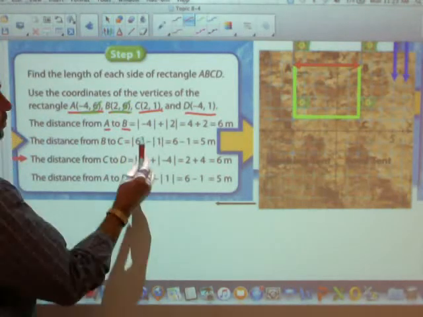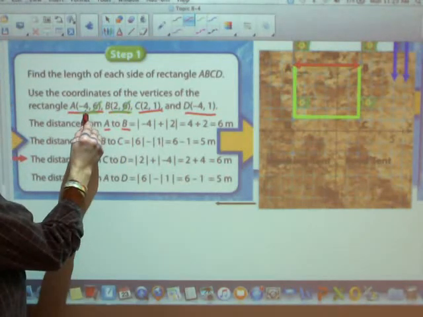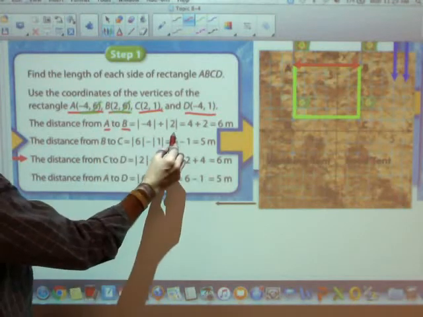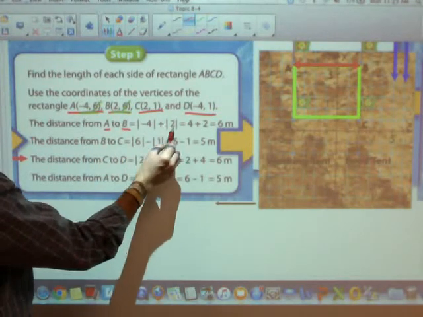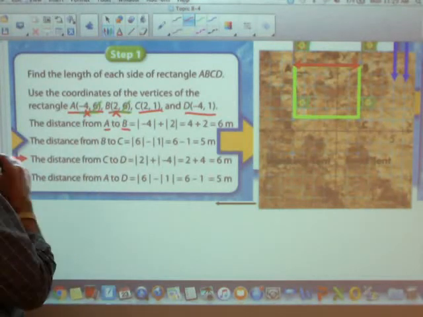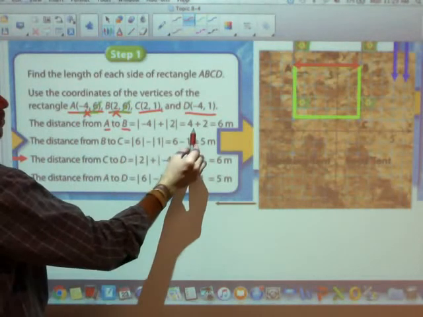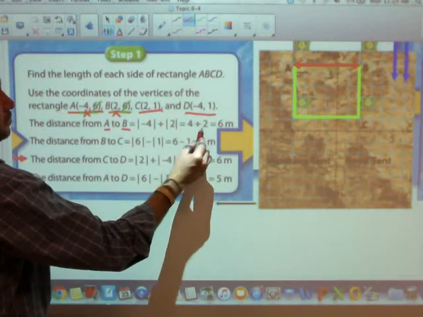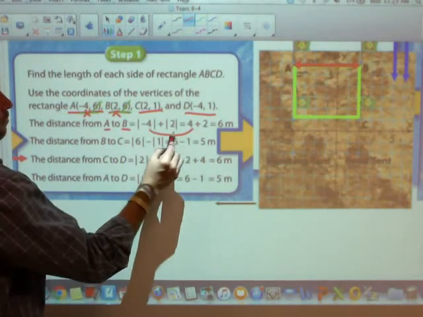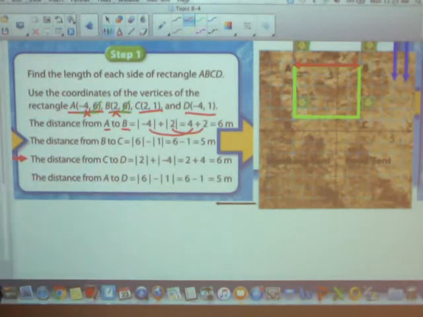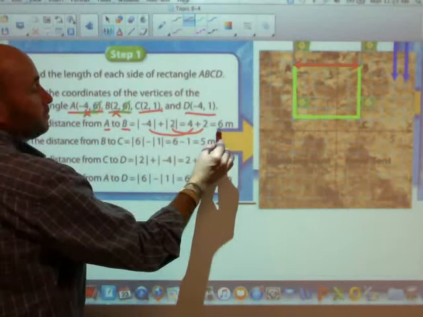So what we do is we take the absolute value of -4 and the absolute value of +2, the two absolute values from the x number, and we use those to determine a distance. So the distance will be 4 + 2, because the absolute value of -4 is 4, and the absolute value of +2 is 2. 4 + 2 = 6.